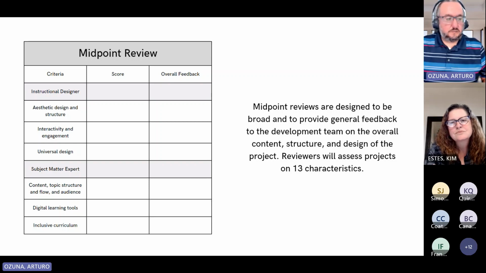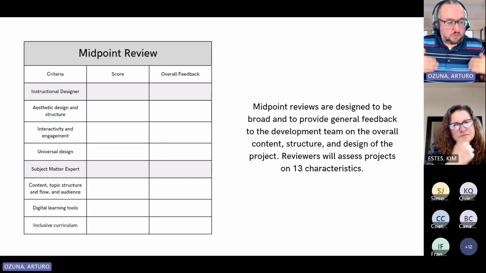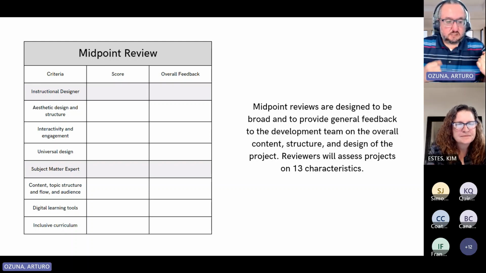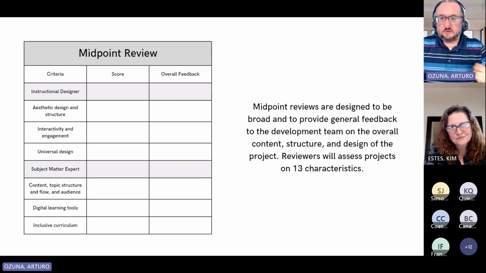And feedback will be provided, general feedback on 13 characteristics. We've borrowed some of these characteristics, specifically the content, from the Rebus group rubric, and then we've developed our own based on what we do for QM and alignment and things of that nature.